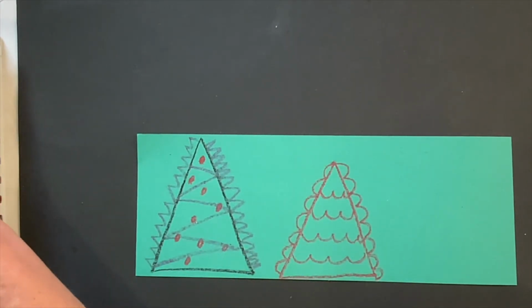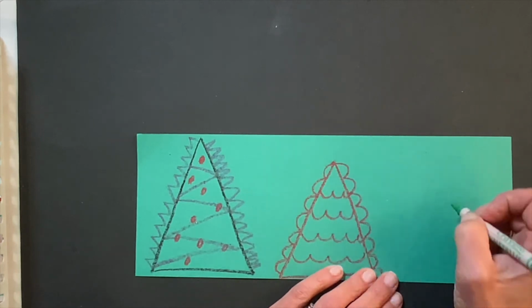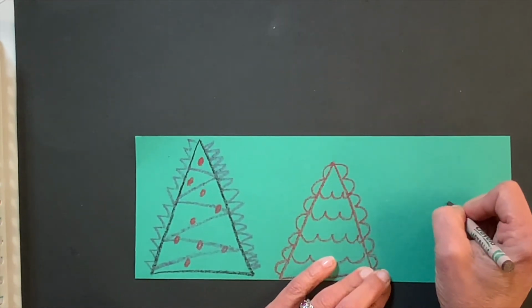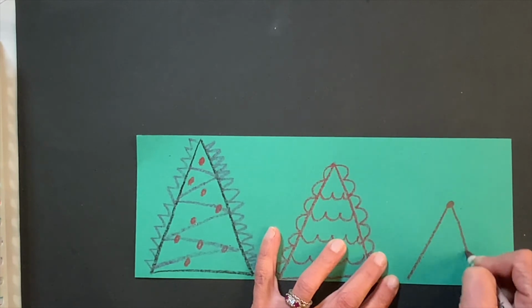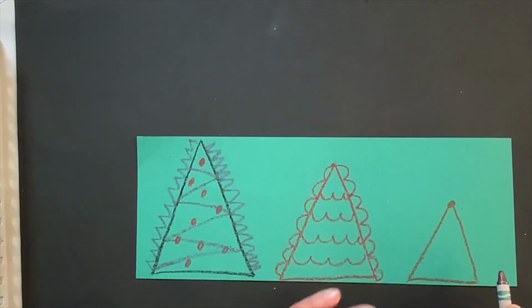I'm going to change colors and do tree number 3. This one is going to be the tiny tree. So I'm going to start maybe in the middle. Pick a color that you can see well. Slanted line on the left, slanted line on the right, and a line across. Let's see, I've done zigzag, dots, curves.